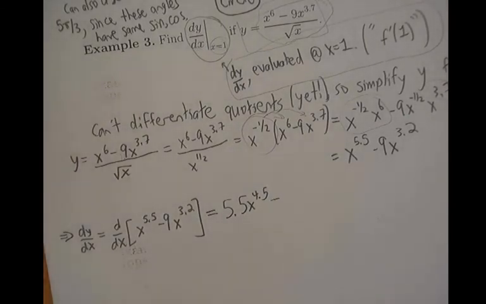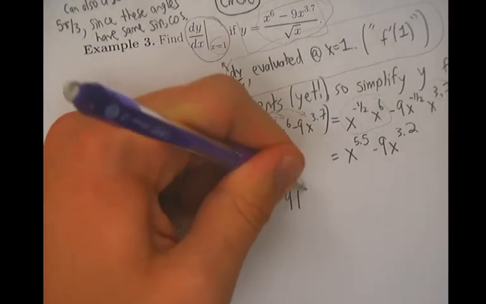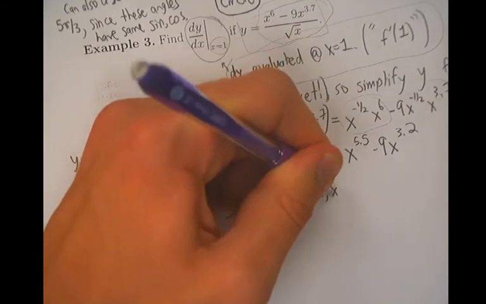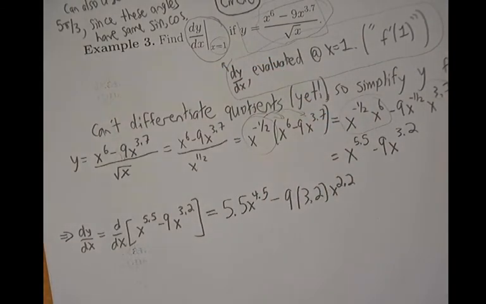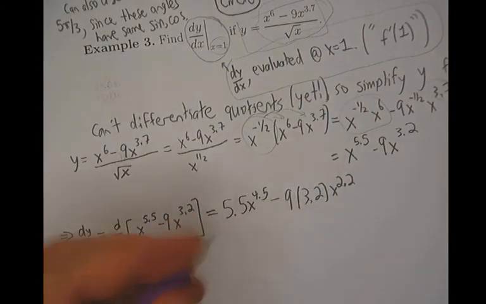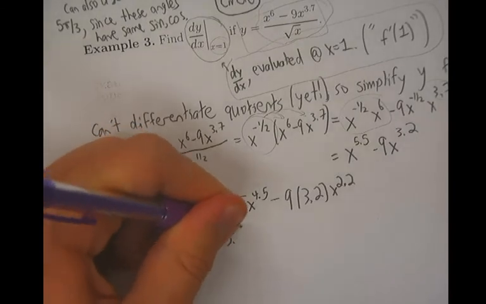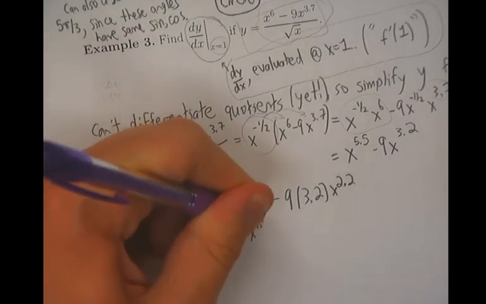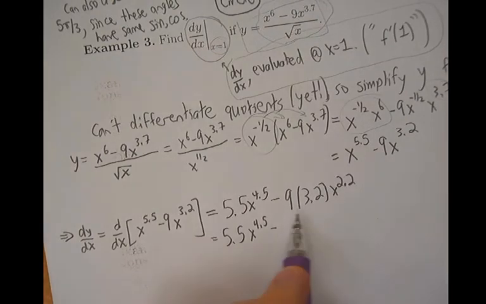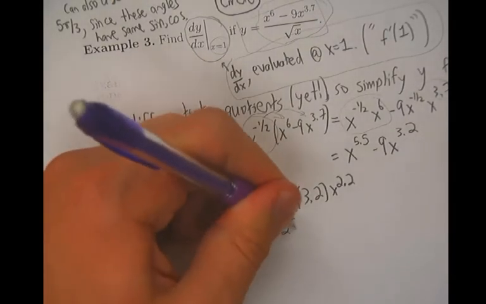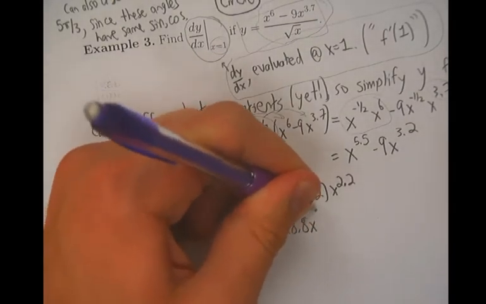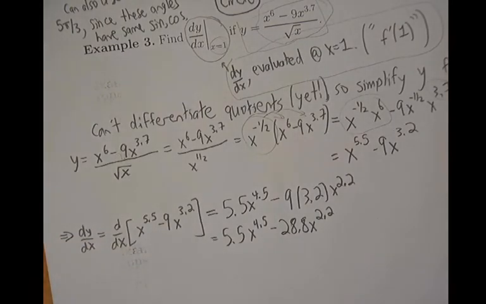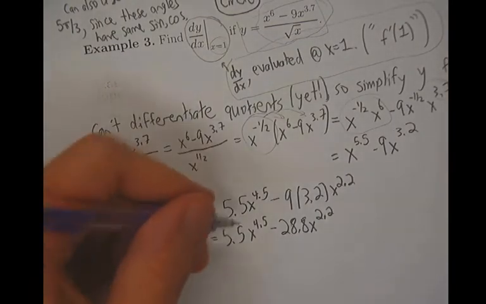I think I got something a little different for the coefficient. Remember, we have 9 times 3.2 times x to the 2.2. So if you multiply 9 times 3.2, you should end up with 5.5 times x to the 4.5 minus, in this case, 28.8 as your coefficient. Okay, so that's the derivative.